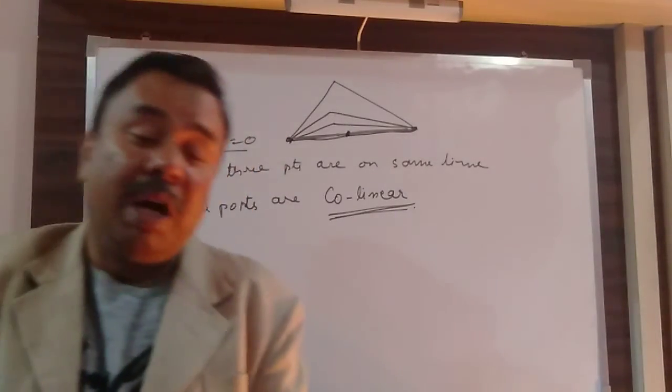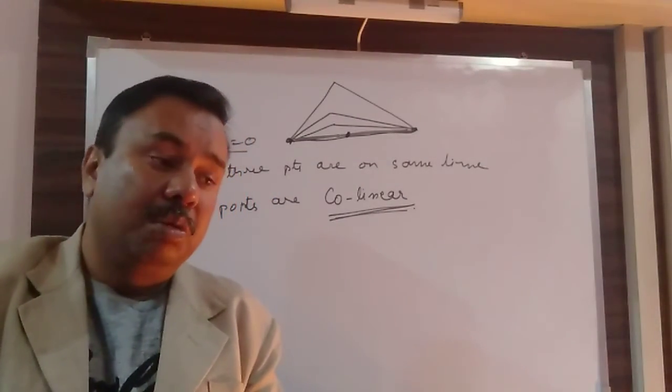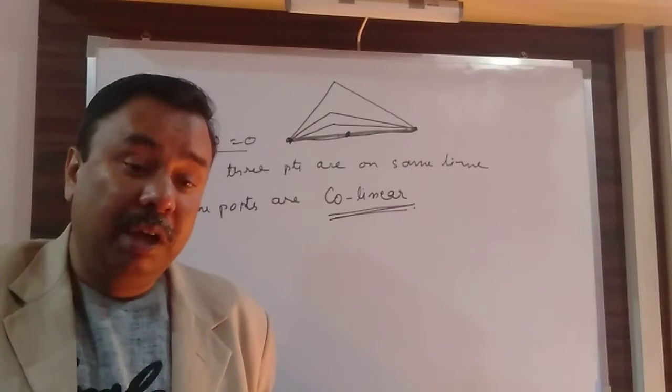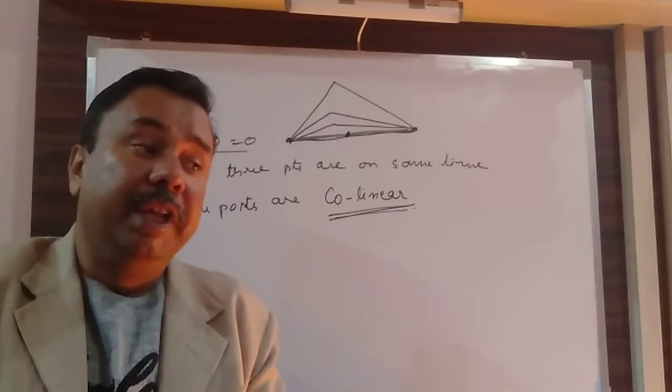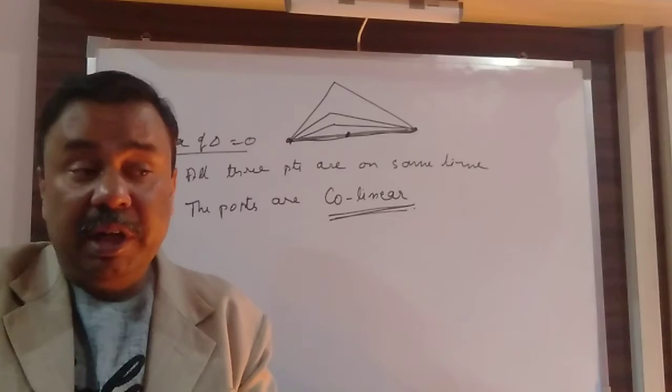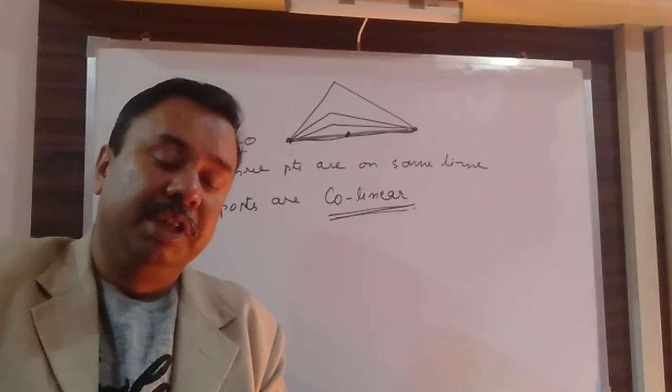So if you have to prove that the points are collinear, just find out the area, and if the area comes out to be 0, it can be said that the points are collinear.